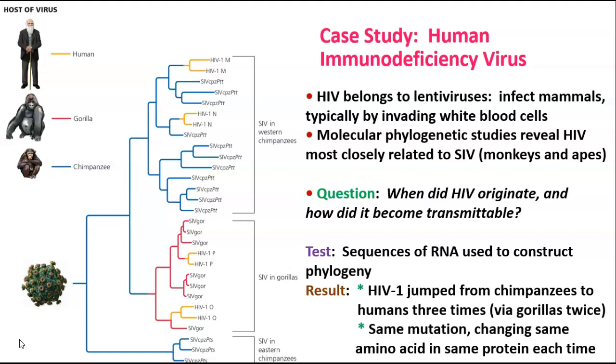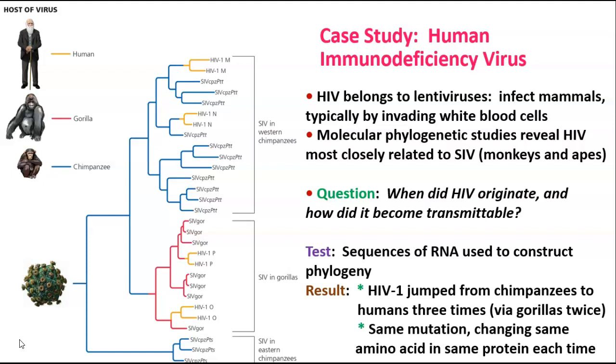And the overall point that's being drawn out of this is that HIV-1 jumped from chimpanzees to humans 3 different times. If you check out the cladogram, you can see where that happened, color-coded in yellow up on the top of the cladogram. And then in gorillas, it jumped from gorillas to humans twice. So you can see that down on the lower part of the cladogram.